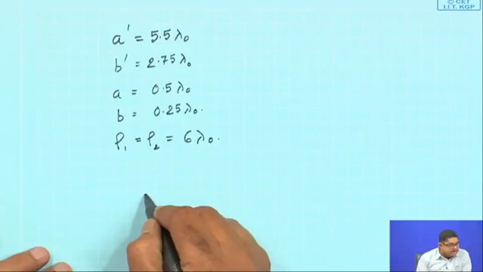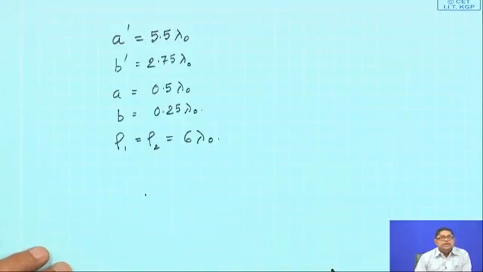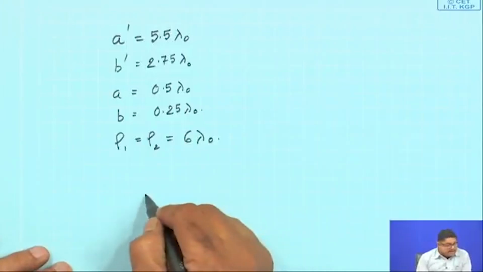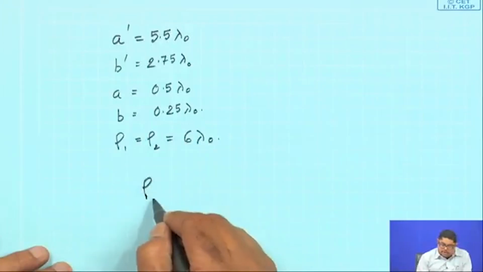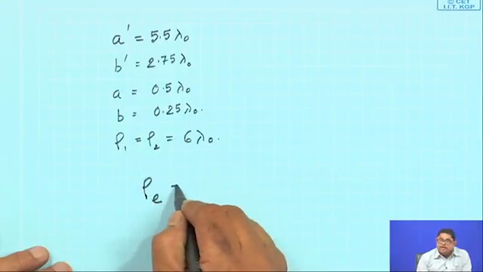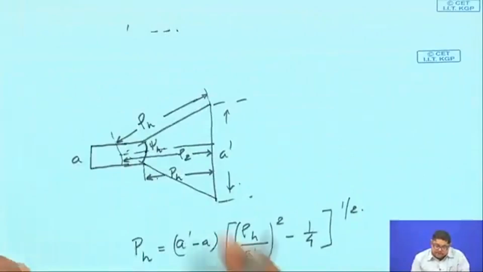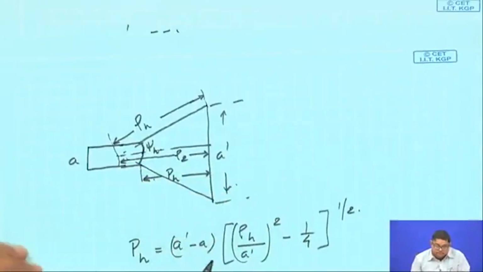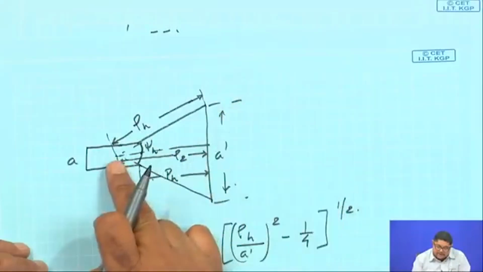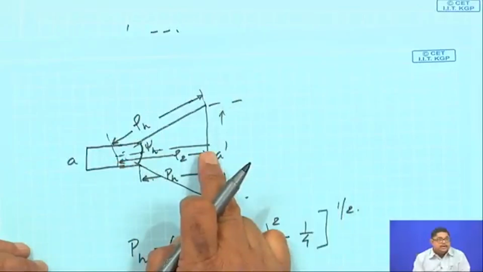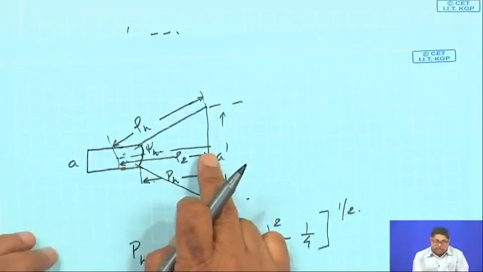So, what is the first part? You can directly put the formulas, but it is better that you find out rho E and rho H first, because from the geometry it is easy to understand. Rho 1, rho 2 is given here, though it will not always be given.